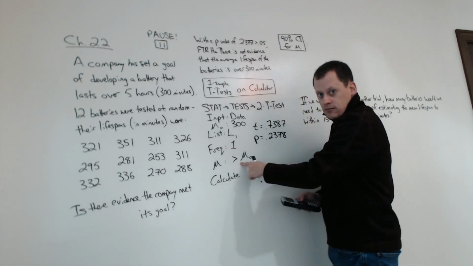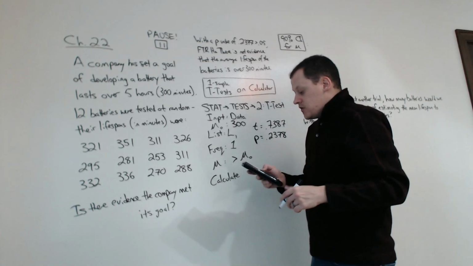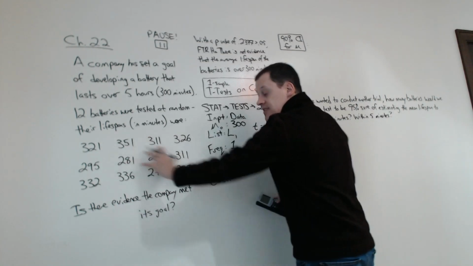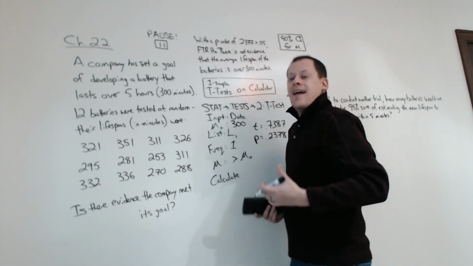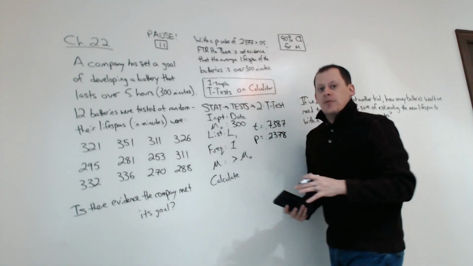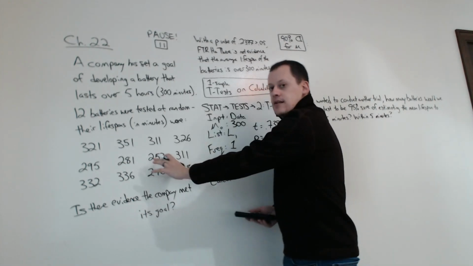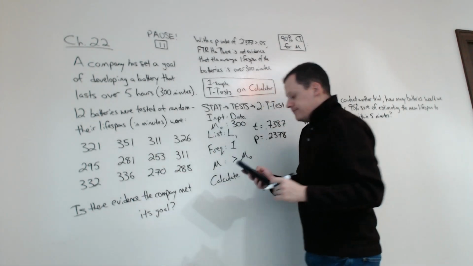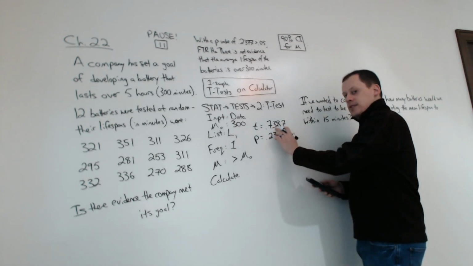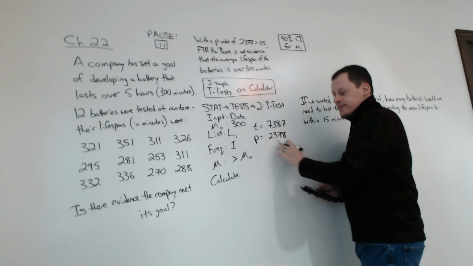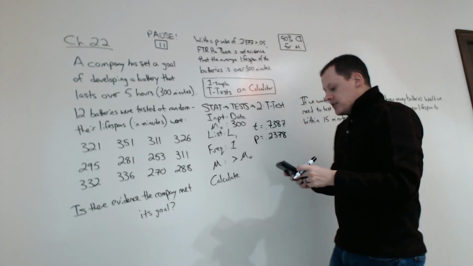Okay? So you can still do it even if you don't have the individual values. Actually, that would make it faster. And that's why if you're given a question like this on the AP test, I think they would just give you the mean and standard deviation of the data set. Okay, and if you hit calculate there, you will get the same values for the t-score and the p-value. So that is how to do these on the calculator.